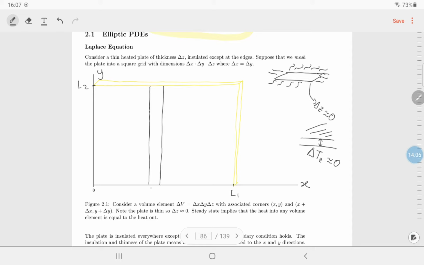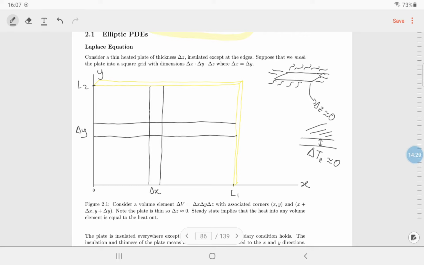So this is delta x, but imagine that it's actually not quite that wide. And have a delta y mesh the same. Delta x and delta y are the same, so it's a square mesh. So everything is a square. So imagine everything meshed up.